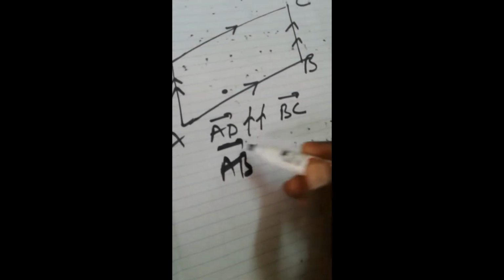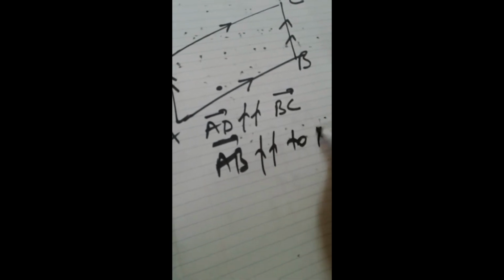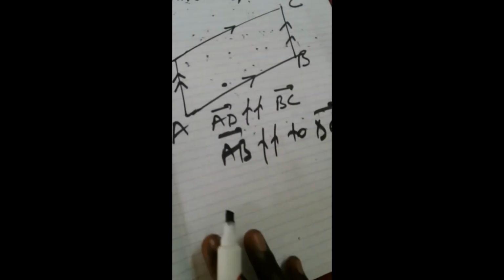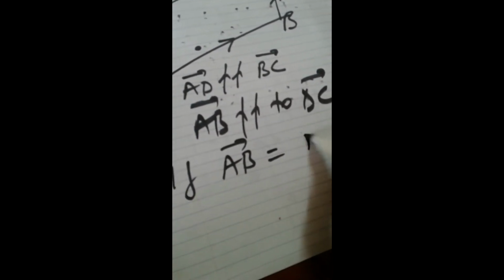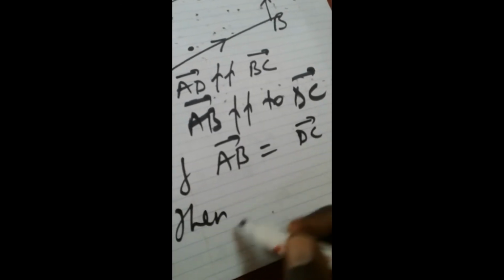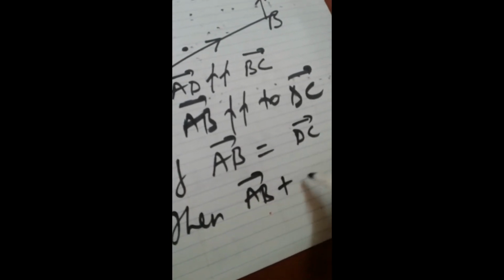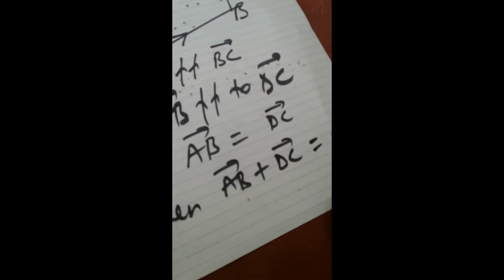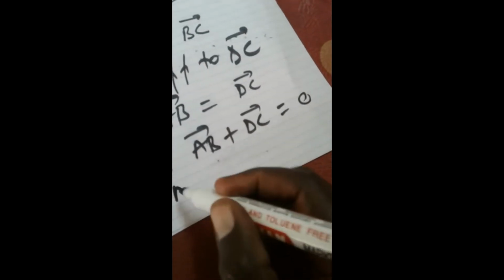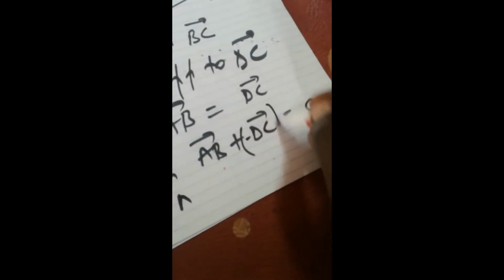So if AB is equal to DC, then AB minus DC should be equal to 0, in other words AB plus negative DC, the reverse of DC, should be equal to 0 if this one is brought to the left.